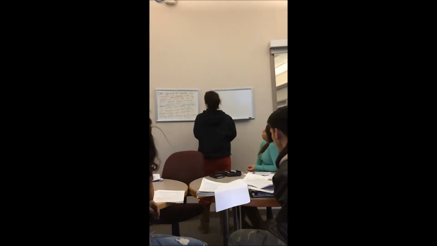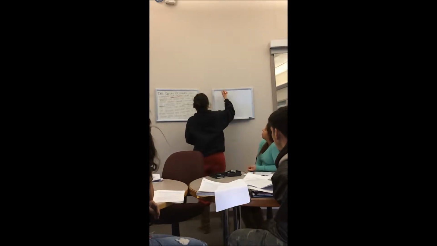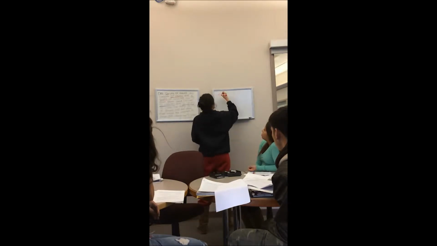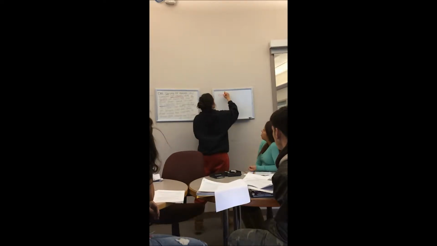So I'll show you how to write these problems out. Tomato soup has 100 calories, so we'll have calories be X, and it also has 18 grams of carbs. And 70.